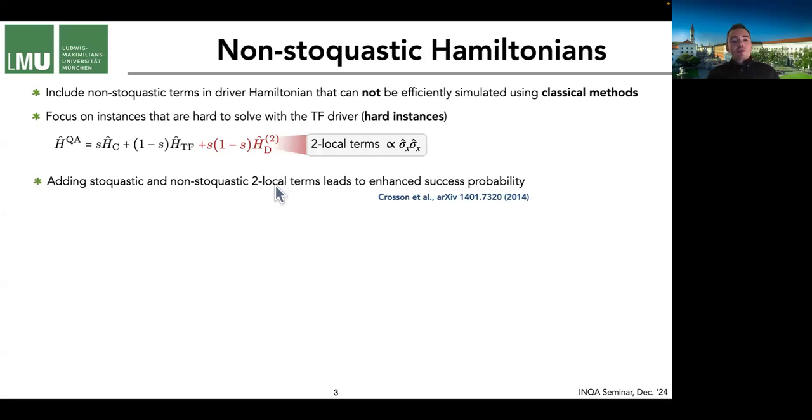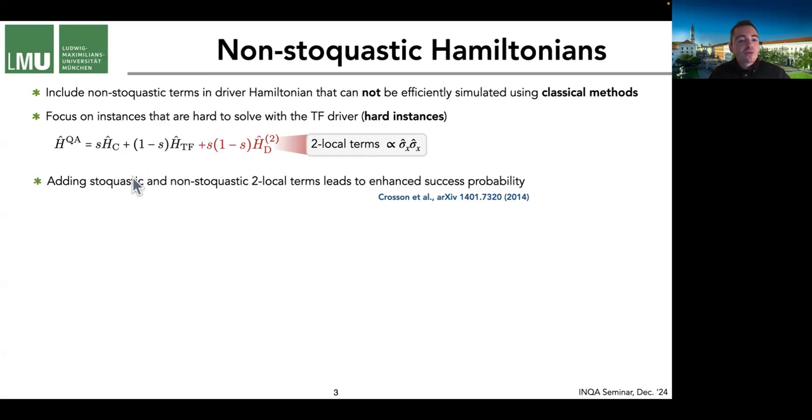Okay, and so what people have looked at is if you can basically get better performances when adding additional terms to your quantum annealing schedule. For example, what has been studied are these two-local terms. So you have these sigma x-like interactions, which live on the graph.